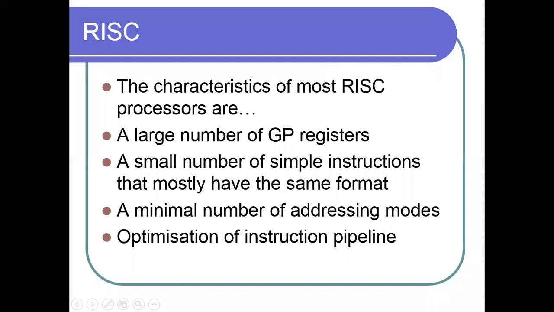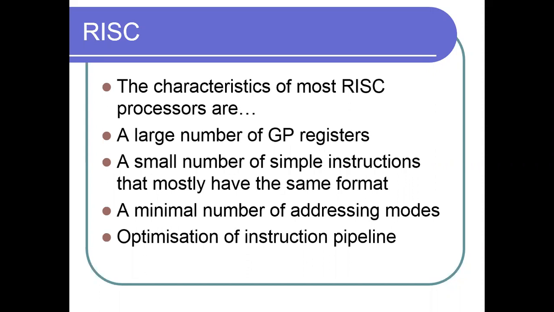Large number of general purpose registers are being used. Here, the number of general purpose registers used in complex instruction set was less. Here, a large number of general purpose registers are being used. So all the disadvantages are overcome over here. There is a small number of simpler instructions that mostly have the same format. So here, the instruction length will be the same.